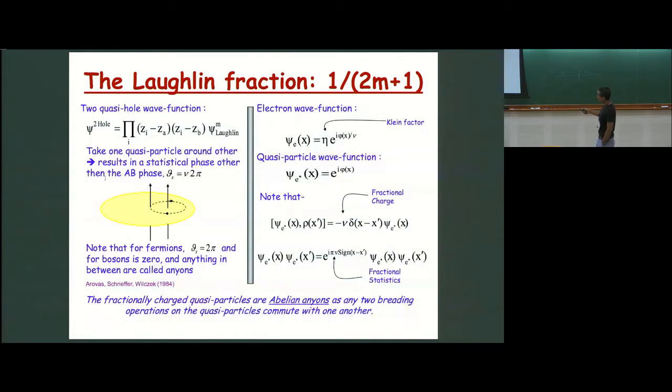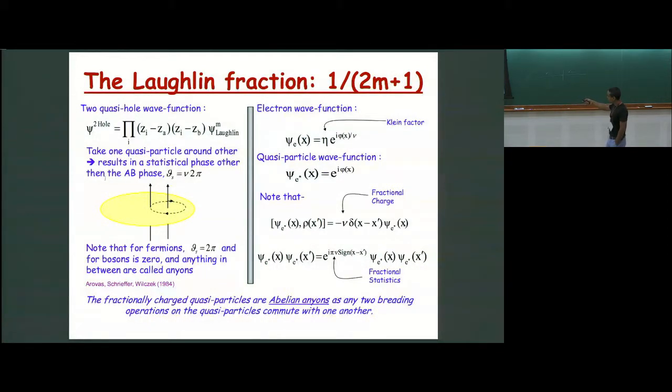It really is the right operator which creates the right density puncture there. It also has fractional statistics: if you exchange these two objects, you get a phase factor which is neither zero nor minus one, but something in between, given by pi nu. That's the fractional statistics, and I won't get into the details of how one can look at it from the perspective of the bulk.